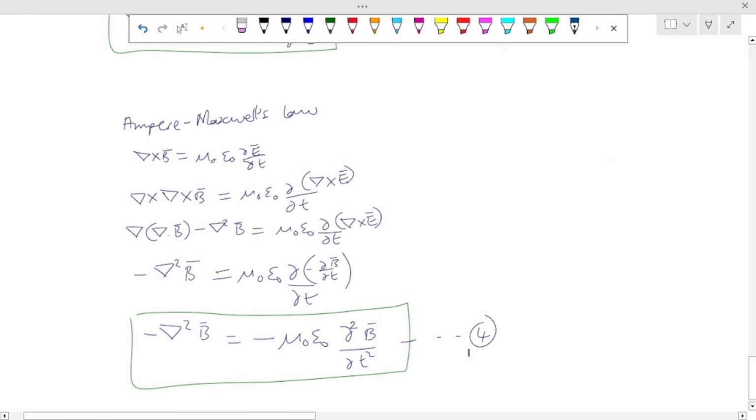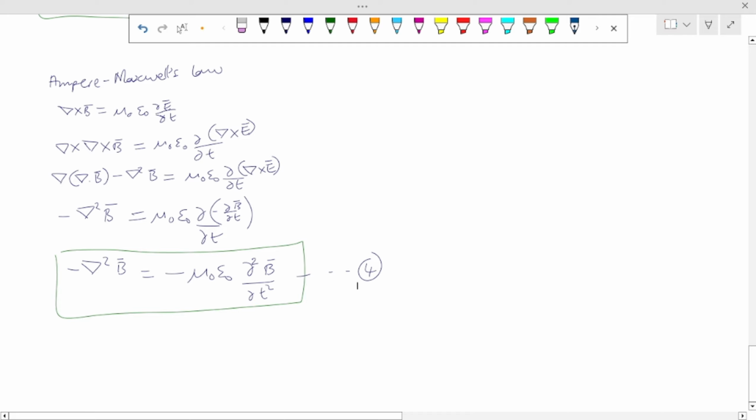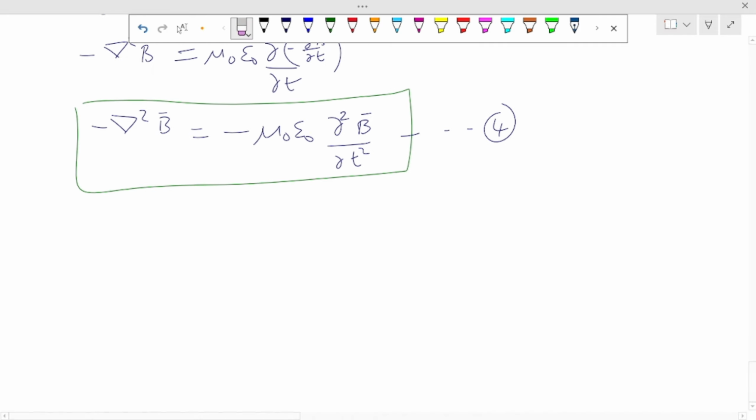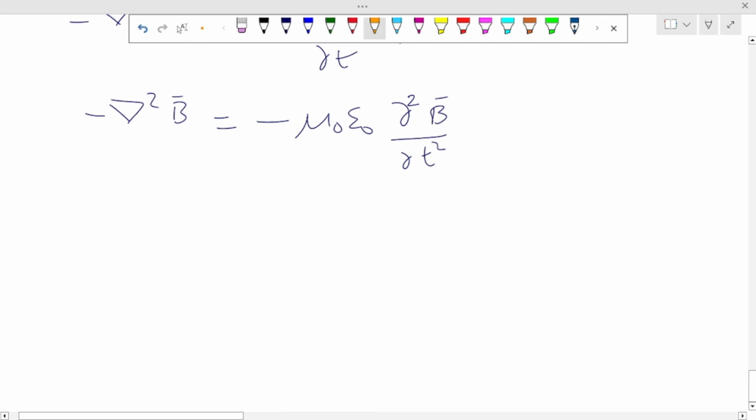So with this, we have gotten the wave equation for the electric field in free space, that's equation 4. Then the wave equation for the magnetic field in free space. I think I should have simplified further. Let's do that now, before we call it equation 4. Of course, we see minus on both sides, and they will cancel out.